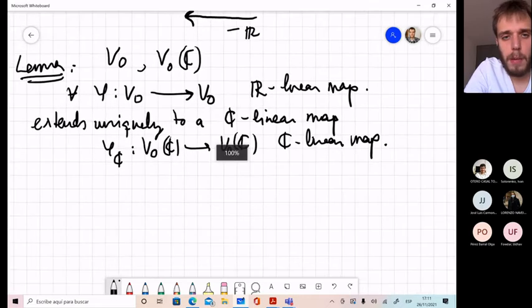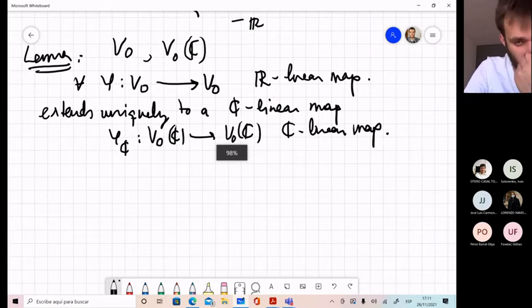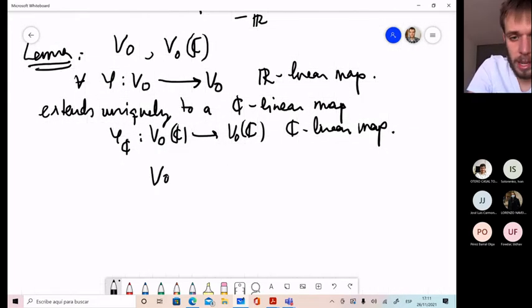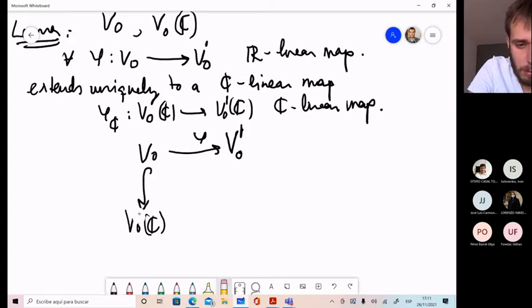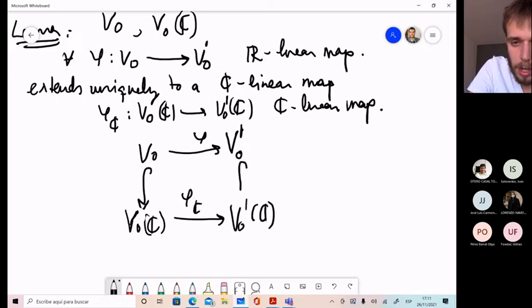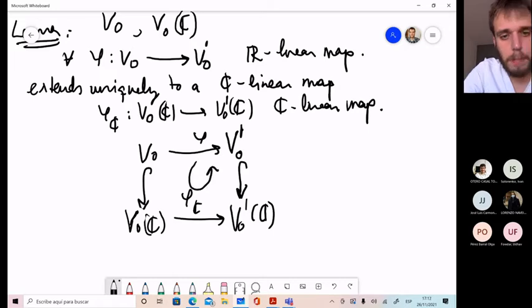Okay, what do I mean by extend? Well, what I mean is that the following diagram, maybe here I put a different vector space because it's not necessarily an endomorphism, and here phi sub C, from V naught prime C. And this diagram is commutative, okay?